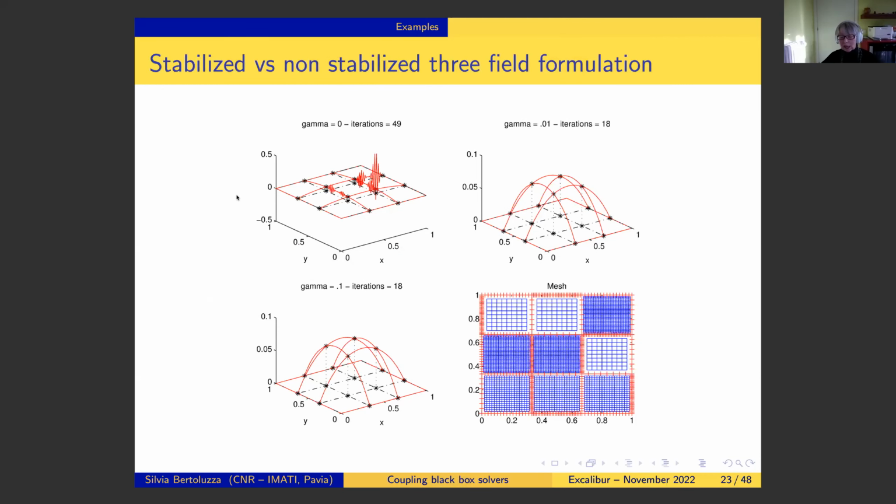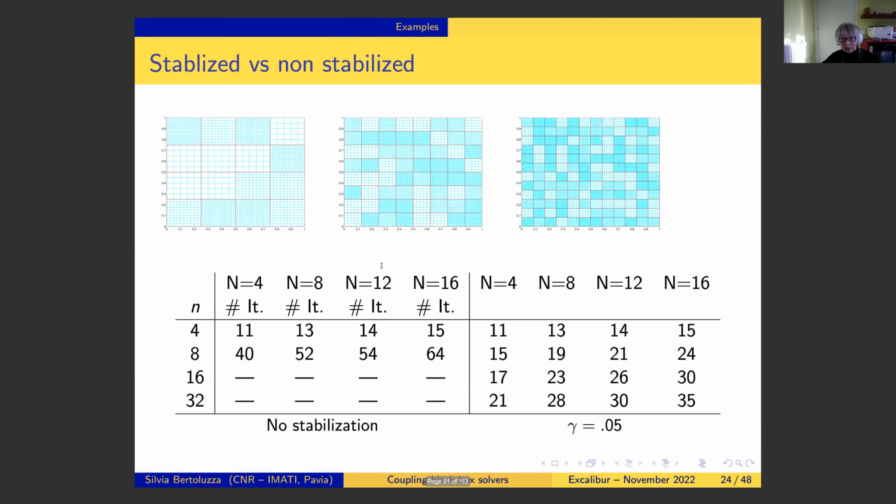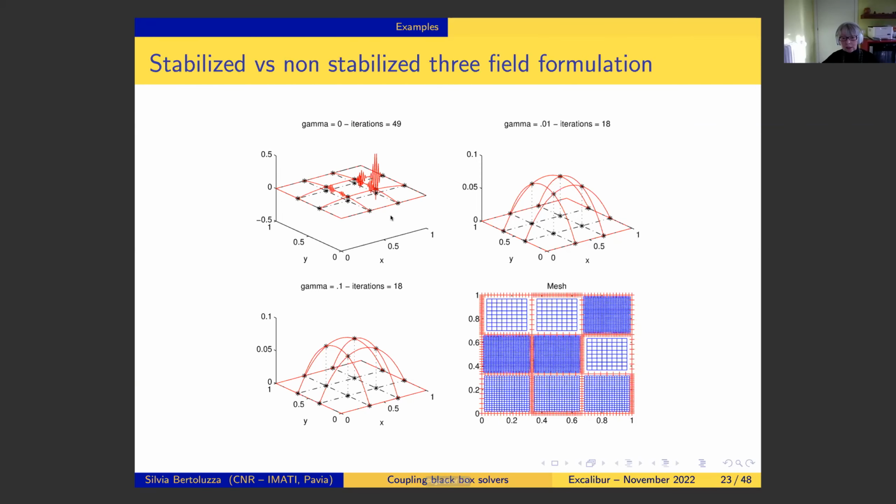So what can go bad? This is the three fields formulation. And I choose this mesh here. And I solve the three fields formulation as it is. As you can see, I get some very nasty instabilities for the phi, for the trace solution. Okay. Then once you project this solution you still get a nice error.